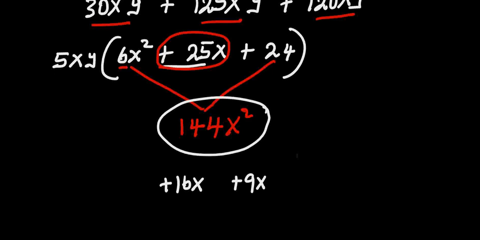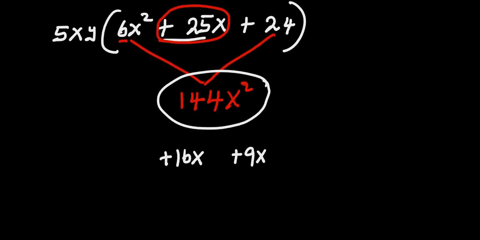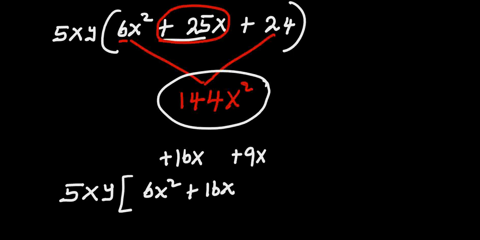So once that happens, then we're going to have 5xy. Let's use a block bracket this time, and 6x squared plus 16x plus 9x plus 24. I'm using a block bracket.